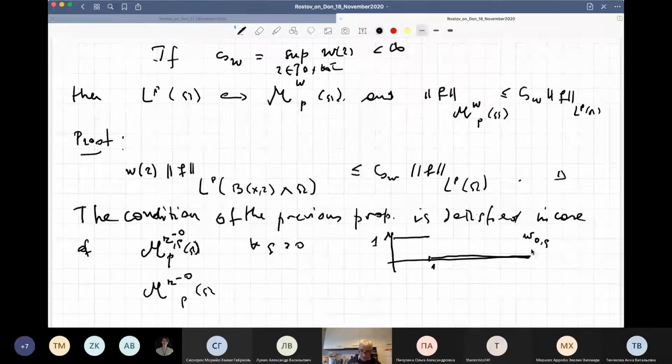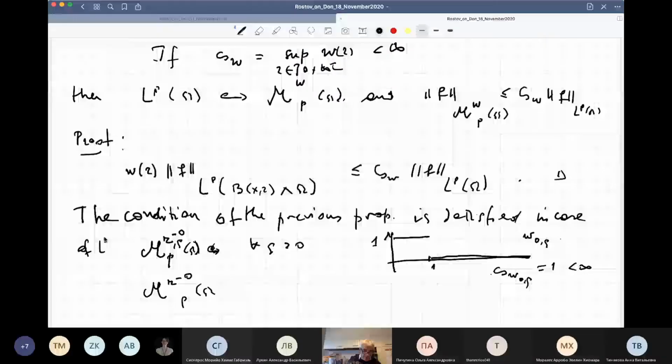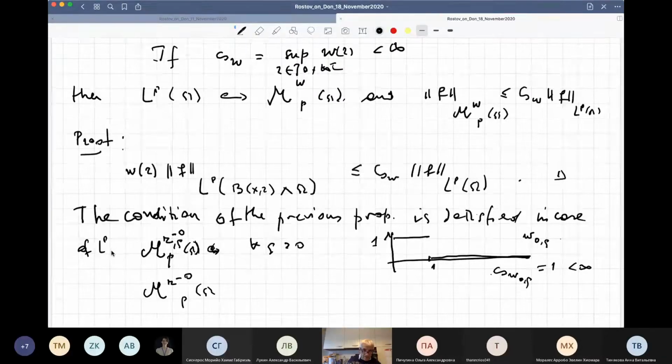So obviously, the supremum of W0 of rho, you remember that sigma was the supremum, we wrote it here at the top, is equal to 1. So it is bounded, less than infinity. So in this case, this is okay, in which you have embedding, I'm sorry, on the wrong side, L p omega is embedded here.